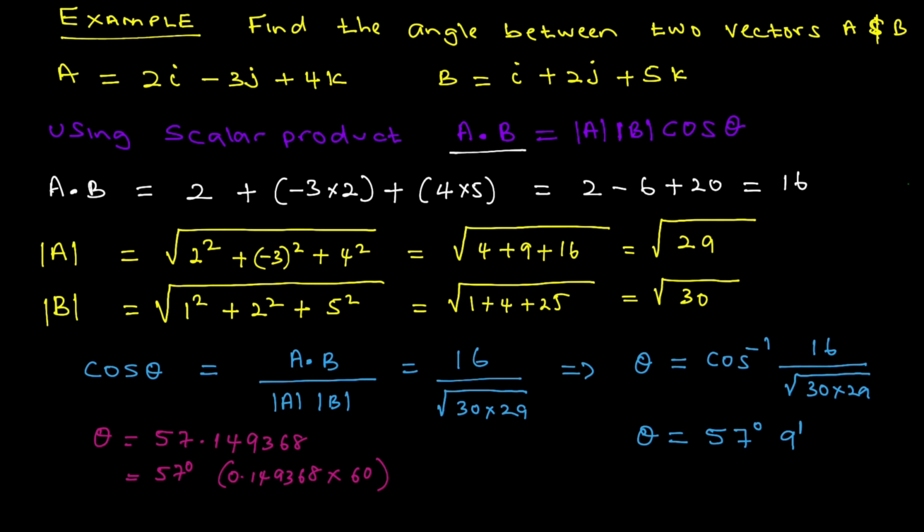Times it by 60, you get 8 point something, and that's roughly 9 minutes. So that's how we got the 57 degrees 9 minutes.